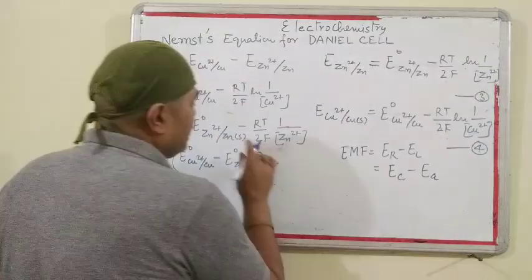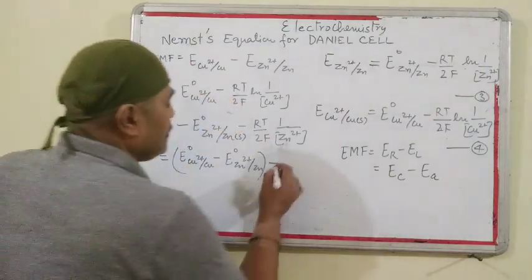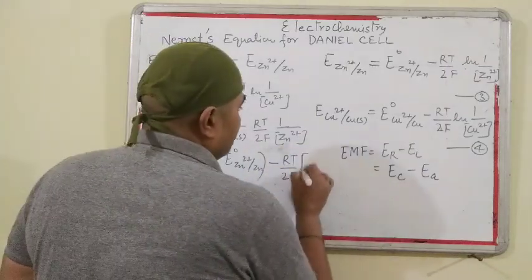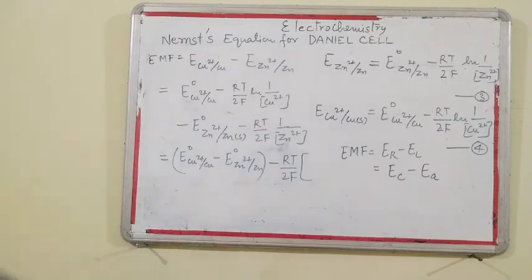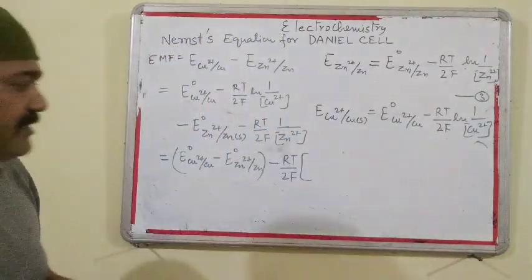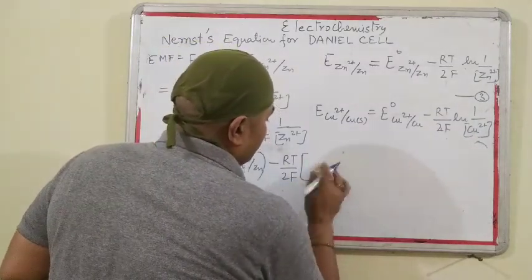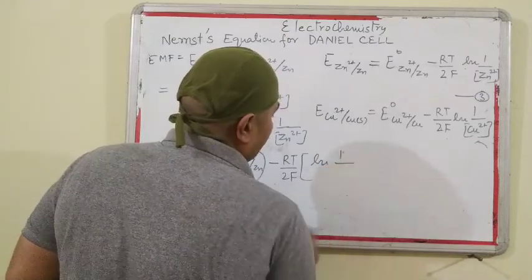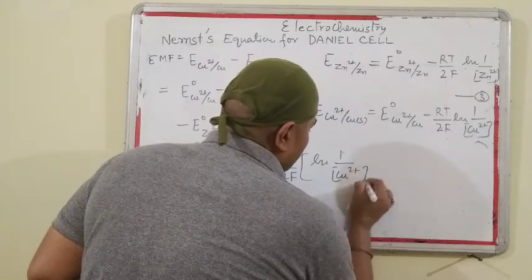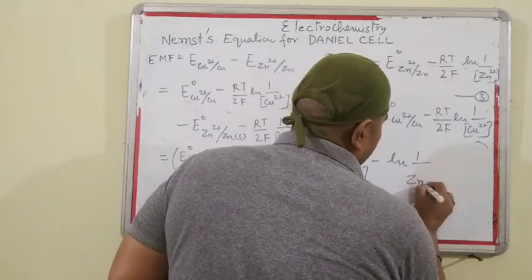Now I take minus RT upon 2F common, and inside the bracket, ln 1 upon [Cu2+], the molar concentration, minus ln 1 upon [Zn2+].